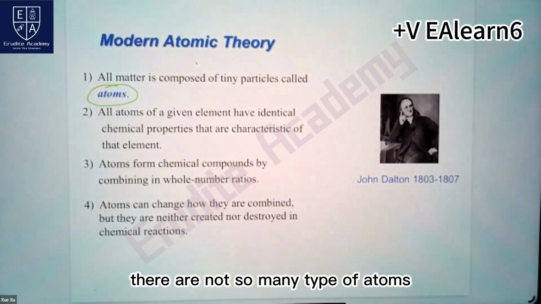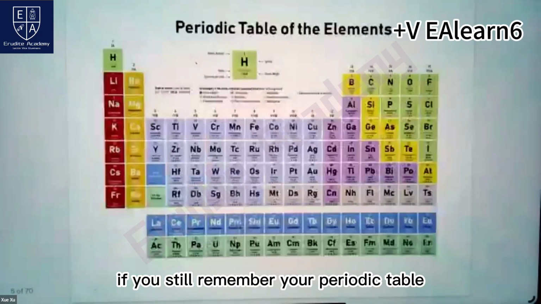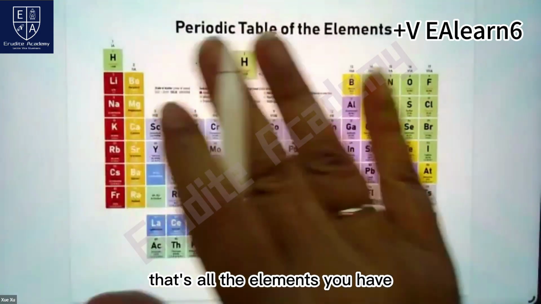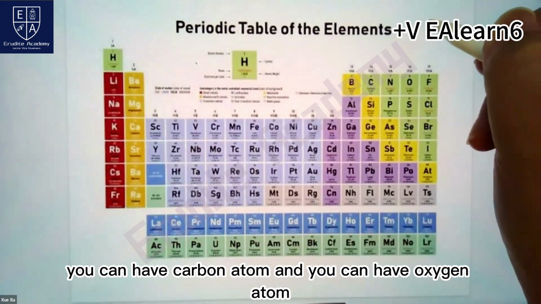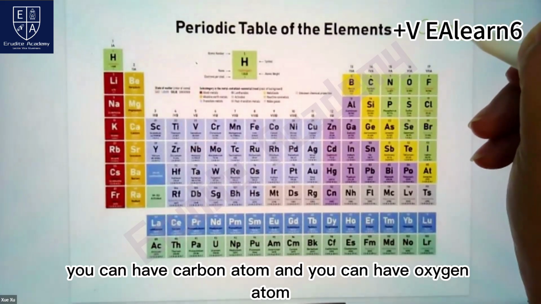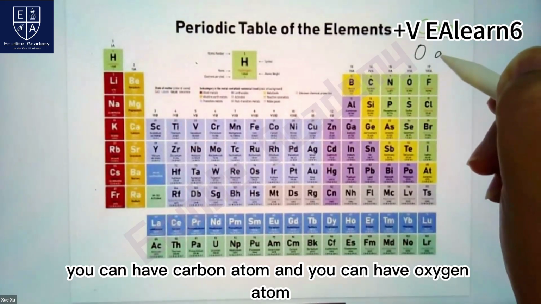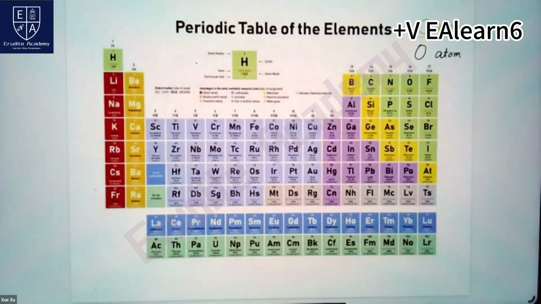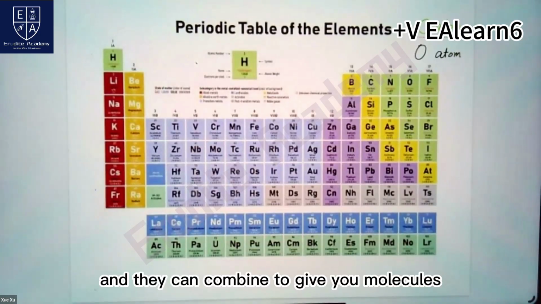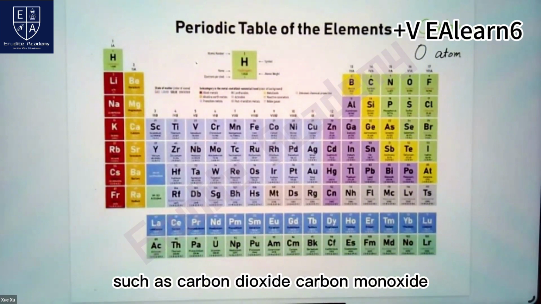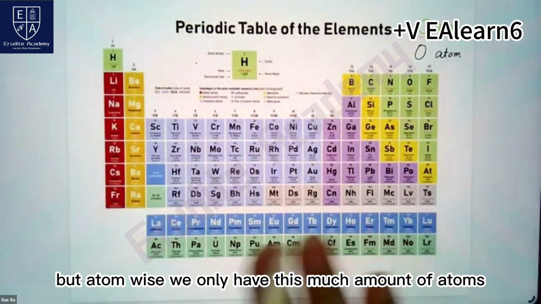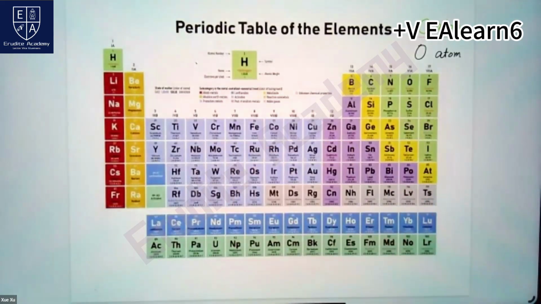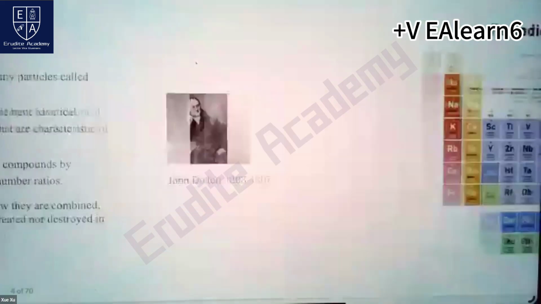There are not so many types of atoms. If you still remember your periodic table, those are all the elements you have, and those are all the different types of atoms you have. You can have a carbon atom and an oxygen atom, and they can combine to give you molecules such as carbon dioxide and carbon monoxide, but atom-wise, we only have this amount of types of atoms.